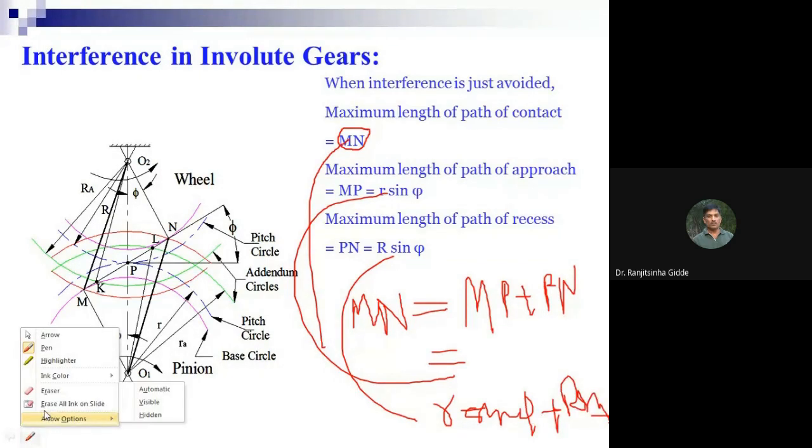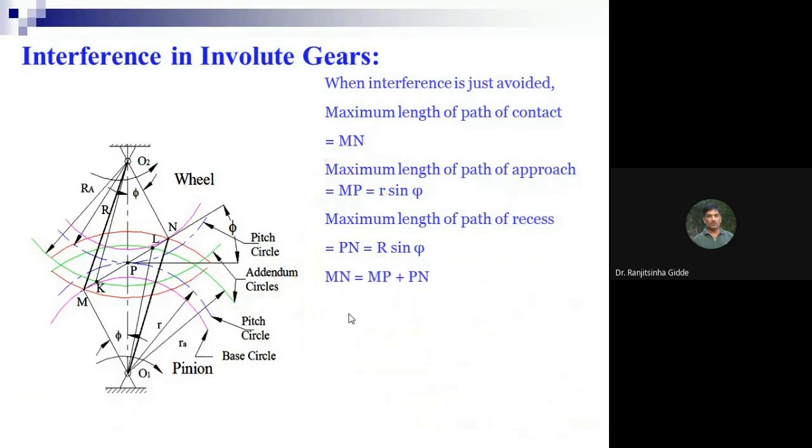So just I will display it. Okay. So Mn is equal to MP plus Pn, r sine phi plus capital R sine phi. Take out this sine phi as common. What is inside the bracket? R plus r. Okay.